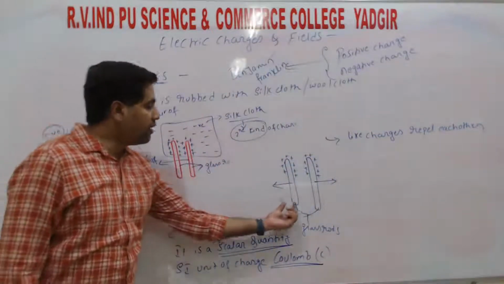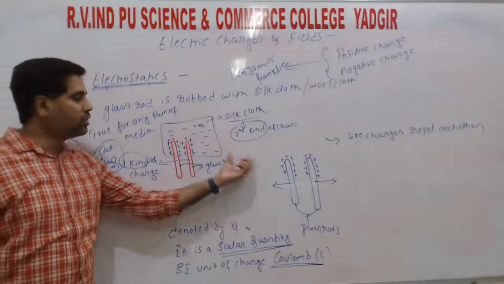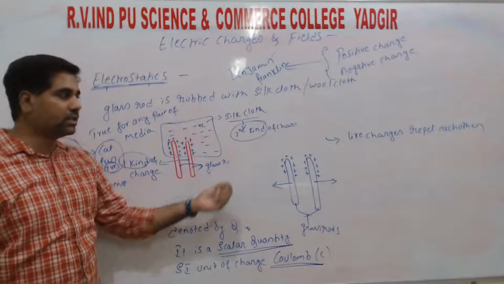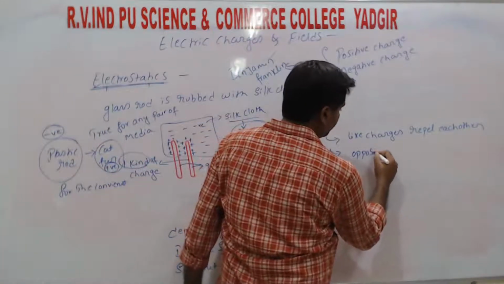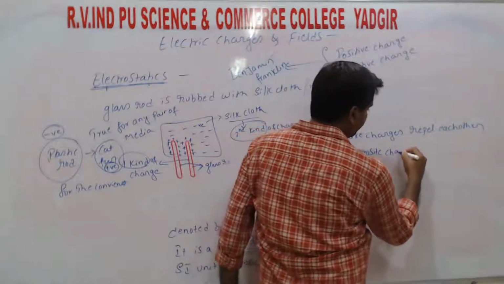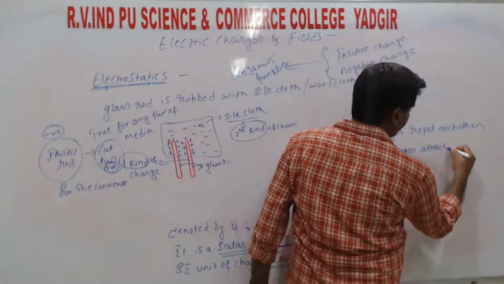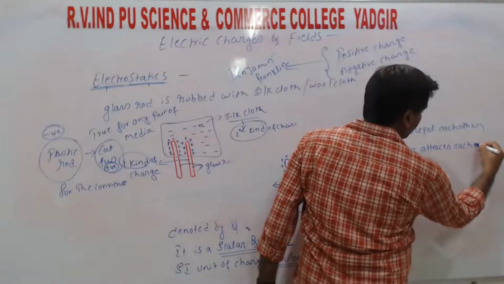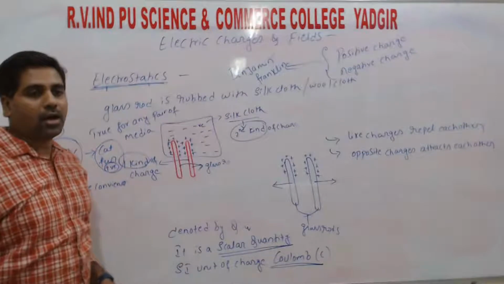In the same way, when we put this glass rod towards this silk cloth, these two are attracted to each other. So that means opposite charges attract each other, right? So this is from the observation.